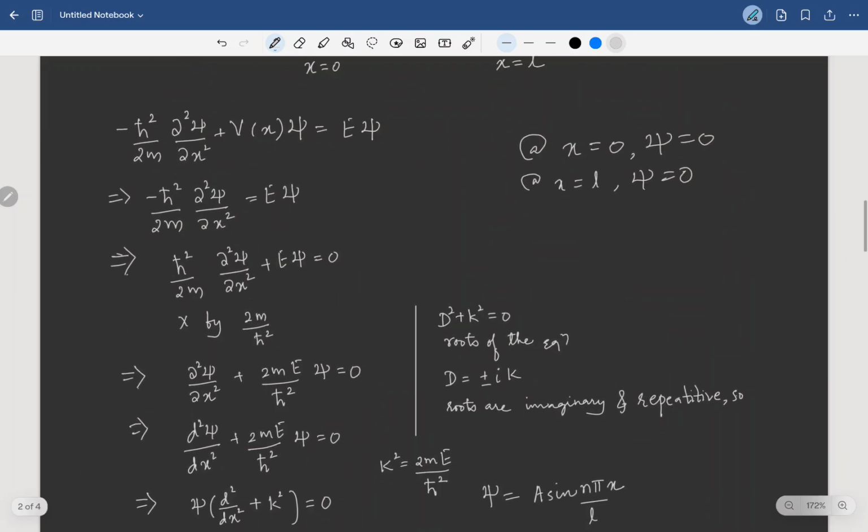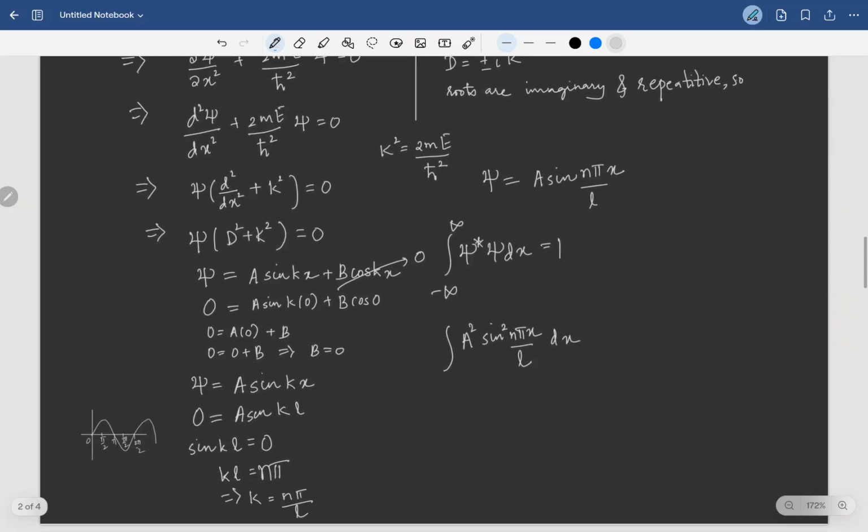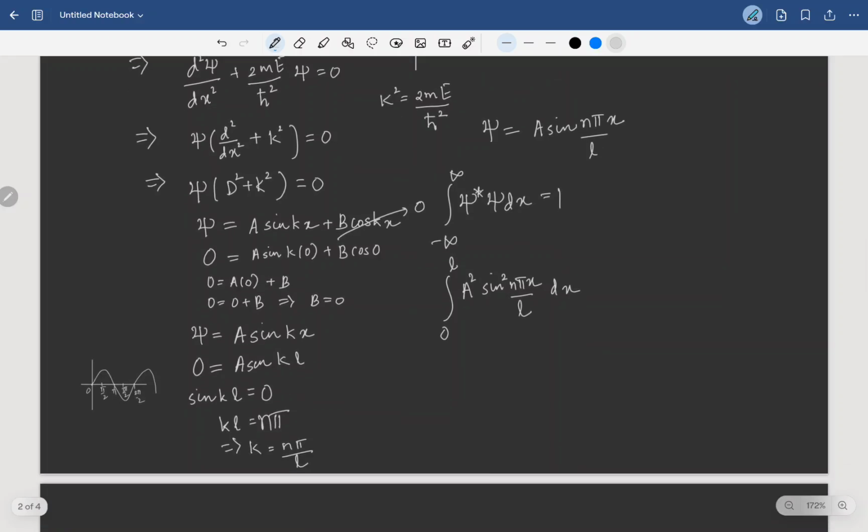There is no point in taking minus infinity to infinity; we are interested in x equal to 0 to x equal to L, since the wave function is 0 in the other regions. So let's take 0 to L. It becomes A squared equal to 1.